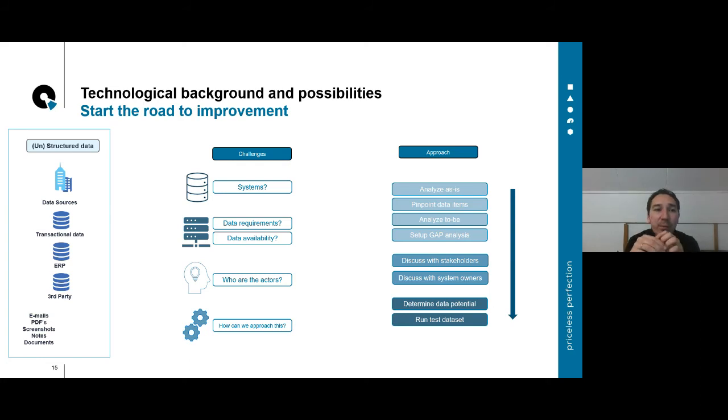From there, we can determine what the most ideal situation and position is, the so-called to-be state. By comparing the current state with where you want to go, we can set up a gap analysis, and that gives us a plan, or at least a starting point, to discuss with internal stakeholders and system owners where we can move from there.